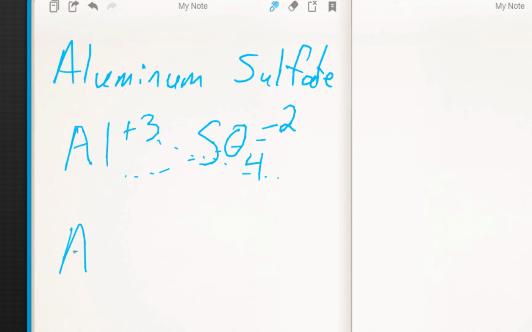So that'll be Al2 SO4 3. Notice I've made a mistake here. This is not SO4 3. This is (SO4)3. So when I say you're supposed to use parentheses, it means use parentheses to show how many sulfates it takes. So you've got 2 aluminum ions for every 3 sulfate ions.